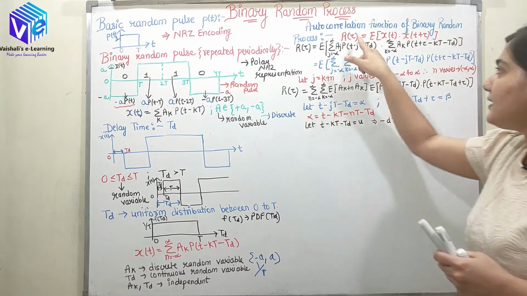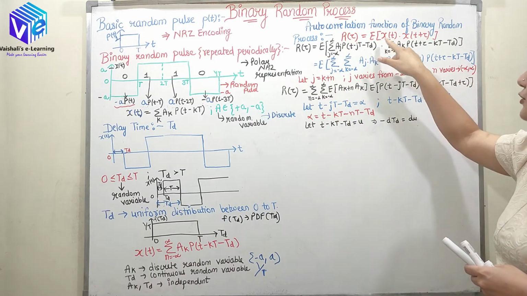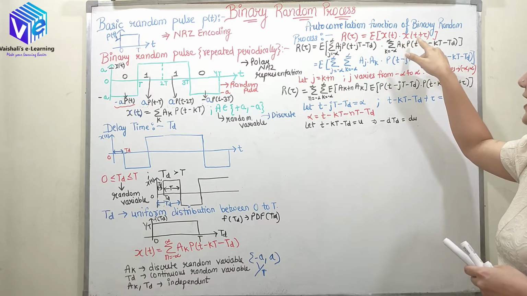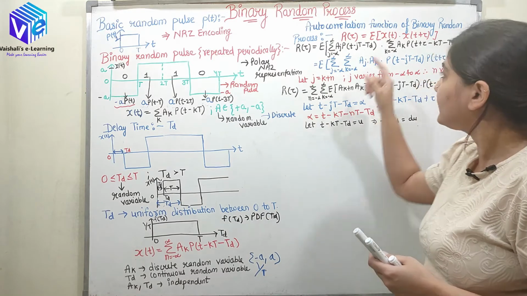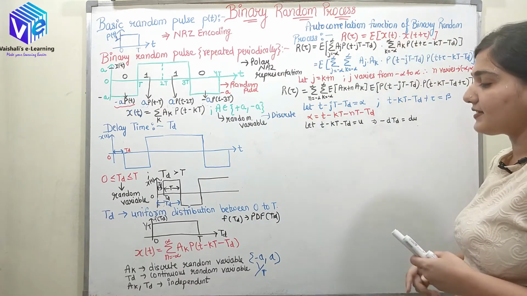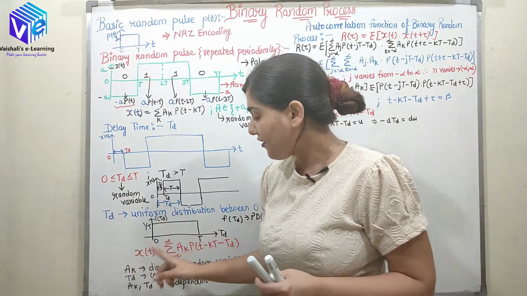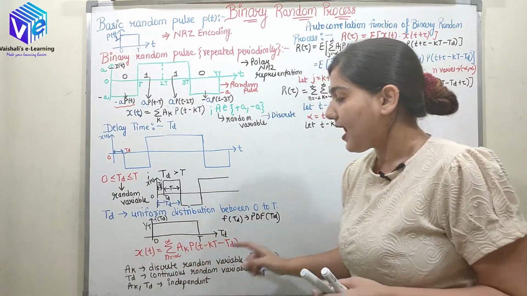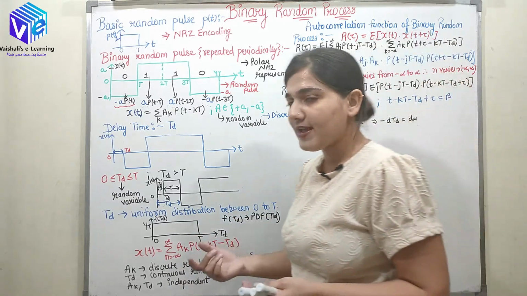So R of tau represents the autocorrelation function. It is equal to E of x(t) multiplied by x(t plus tau). I'll just be putting in the values of x(t) and x(t plus tau). I hope you now understand what x(t plus tau) is: if in this equation I replace t with t plus tau, it will be x(t plus tau).